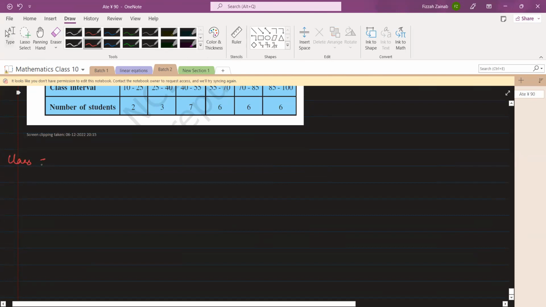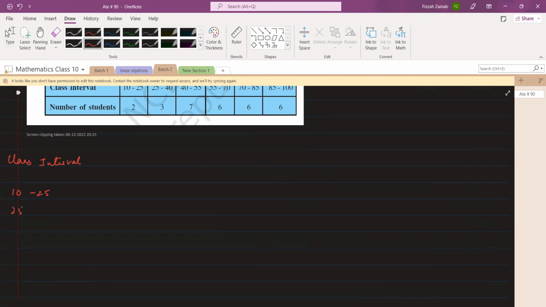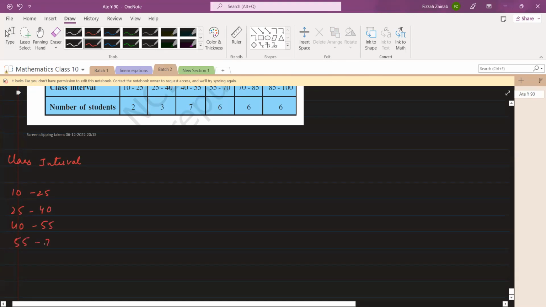First was class interval. So this was 10 to 25, 25 to 40, then you have 40 to 55, 55 to 70, 70 to 85, and then 85 to 100, right?